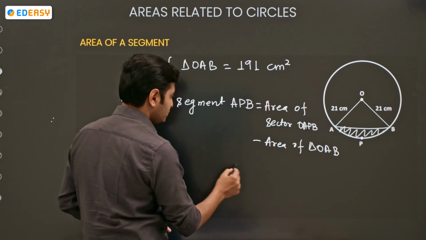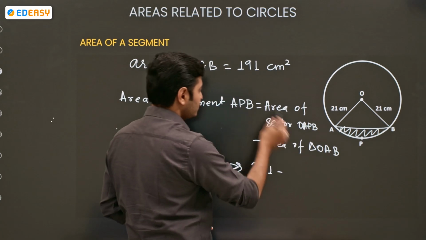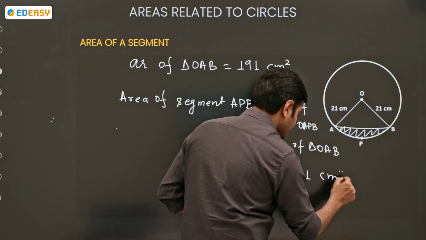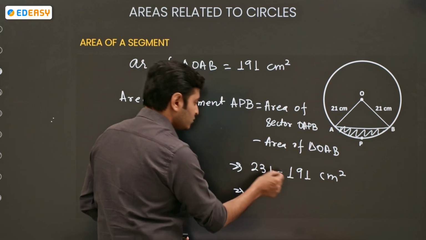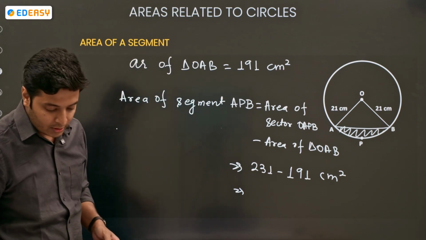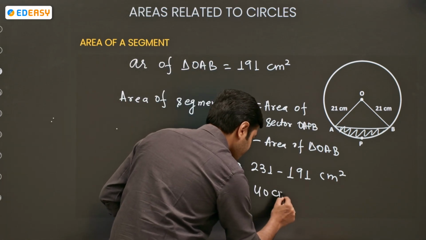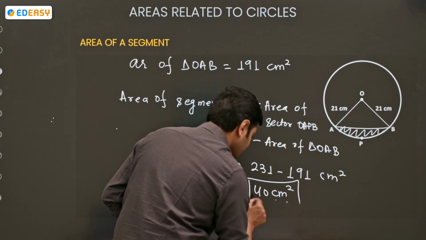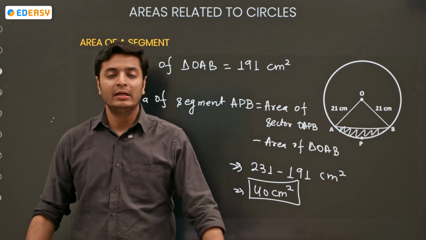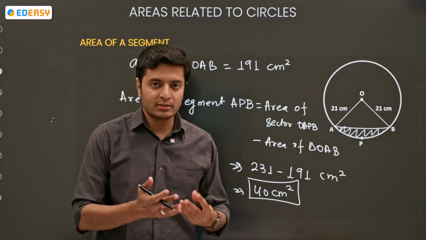We know both the values, they are 231, the area of sector, minus area of triangle, 191, centimeter square will be the unit. So 231 minus 191 is going to give us 40, correct? So the answer is 40 centimeter square. So the area of this segment APB is 40 centimeter square, and this is how you can solve this type of problem.